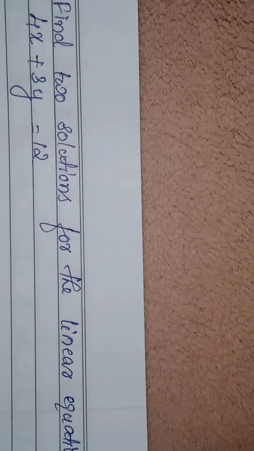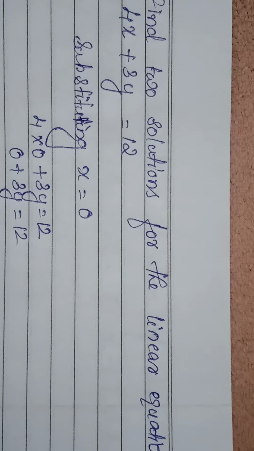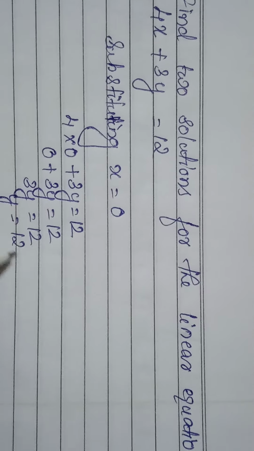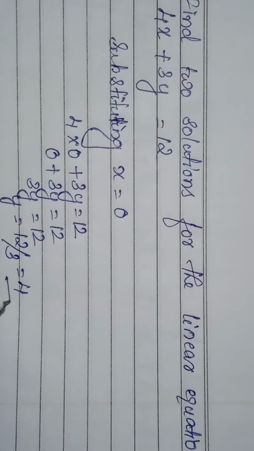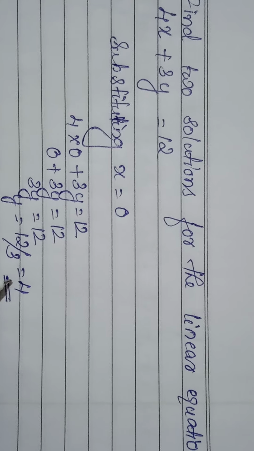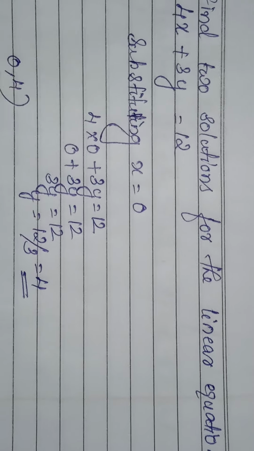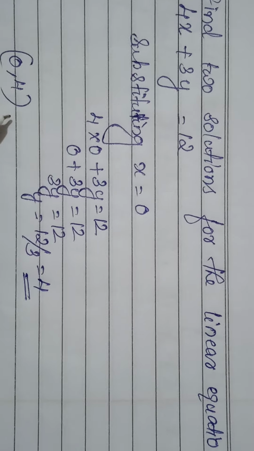x is equal to 0, then 4 into 0 plus 3y equals 12. 4 into 0 is 0, plus 3y equals 12. 3y equals 12. y is equal to 12 by 3 equals 4. So x is equal to 0 and y is equal to 4. This is (0, 4), a solution of the given equation. Understood? This is the first solution.